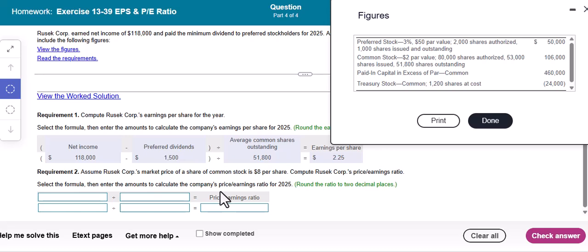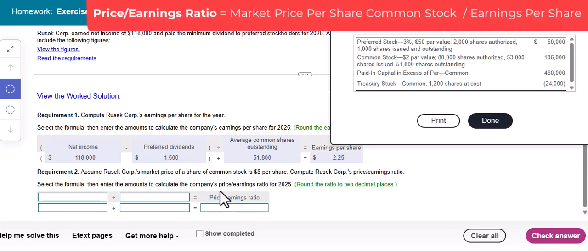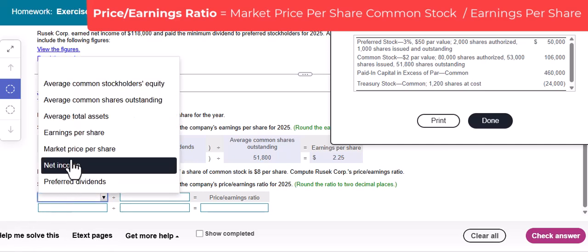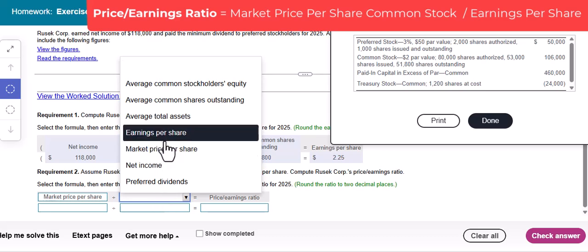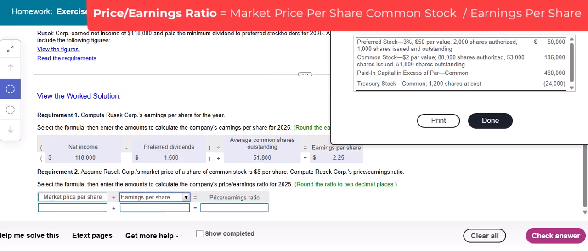So notice that the formula for price to earnings, price is on top and then divided by earnings. So we already got the divided by in here. So the price here is the market price per share of common stock. And then that is divided by earnings per share. That market price is given to us here. It's $8 per share. So we'll go ahead and input 8.